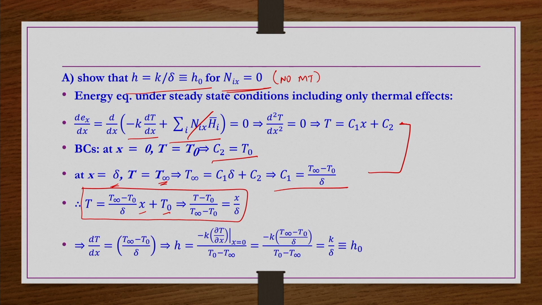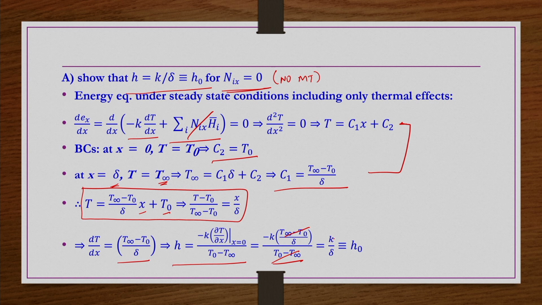Now, we need ∂T/∂x. From this equation, you get (T∞ − T0)/δ multiplied by 1. Then the H definition is given by −k ∂T/∂x at x equals 0, divided by (T0 − T∞). Here −k ∂T/∂x is nothing but (T∞ − T0)/δ, and the whole thing is divided by (T0 − T∞). So the T∞ − T0 and T0 − T∞ cancel out with the minus sign.